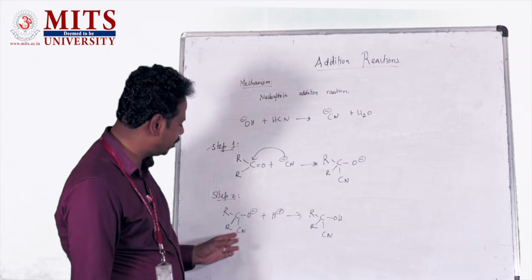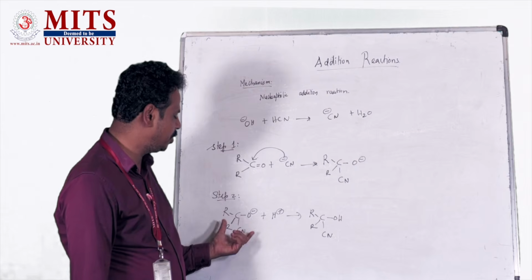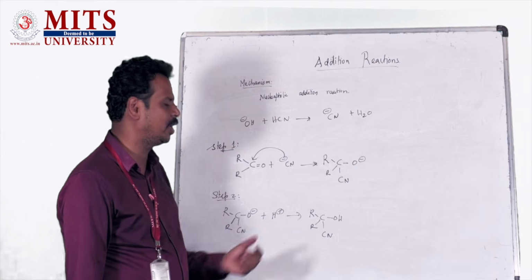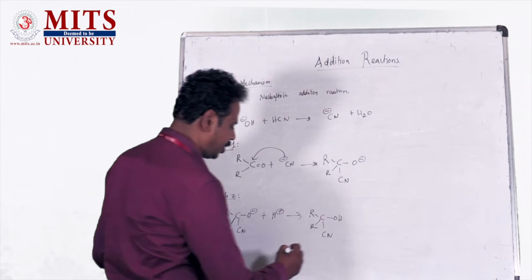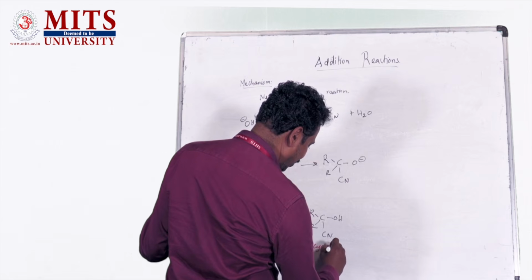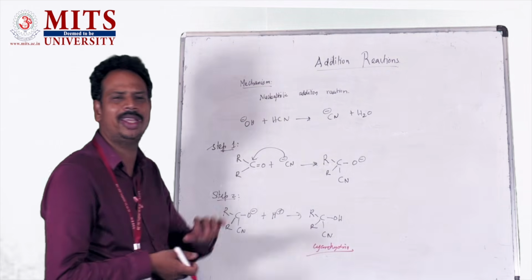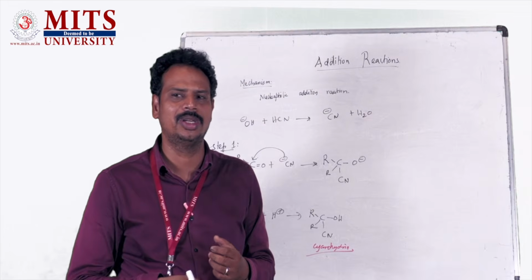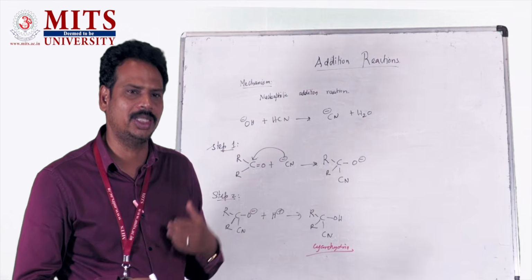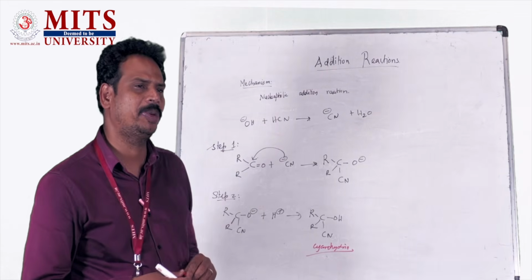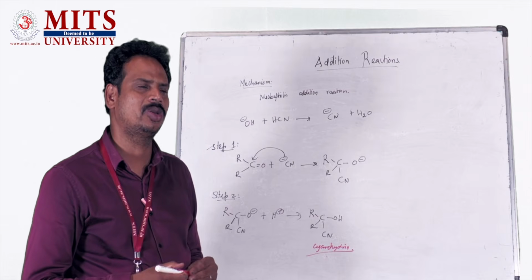Then this intermediate will react with H plus and form the corresponding cyanohydrin product. So this is the mechanism of this nucleophilic addition reaction. It mostly involves aldehydes and ketones, and thereby the pi bond breaks and the new sigma bond is formed in this particular reaction.